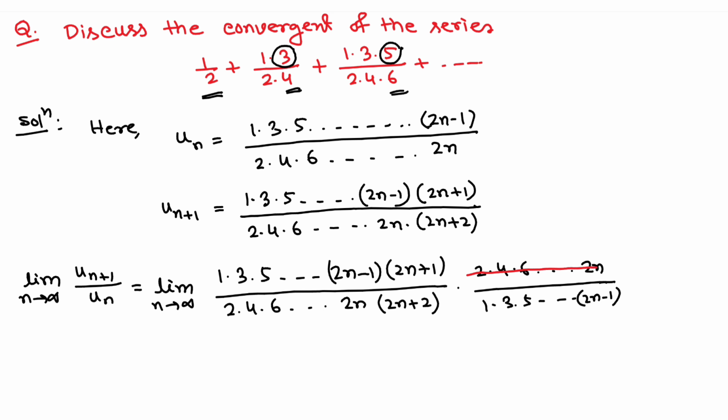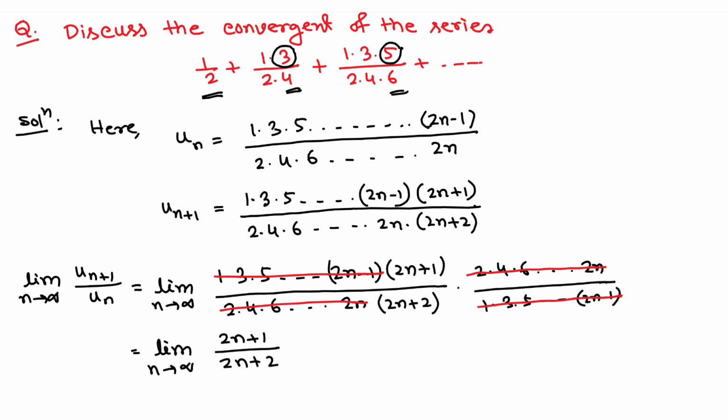So up to 2n all the numbers cancel, up to 2n minus 1 all the numbers cancel. What we are getting is limit n tends to infinity 2n plus 1 divided by 2n plus 2.